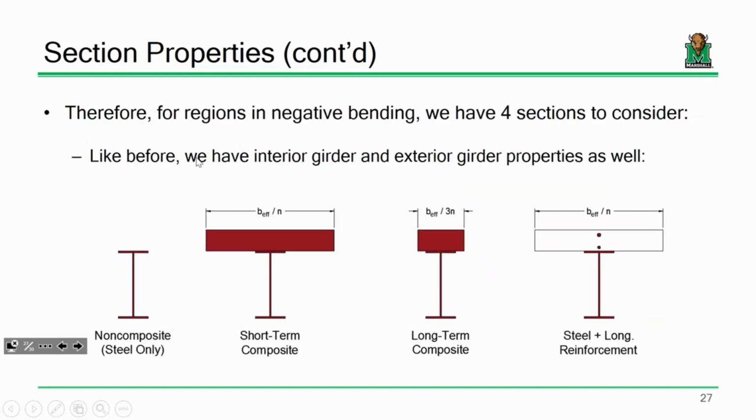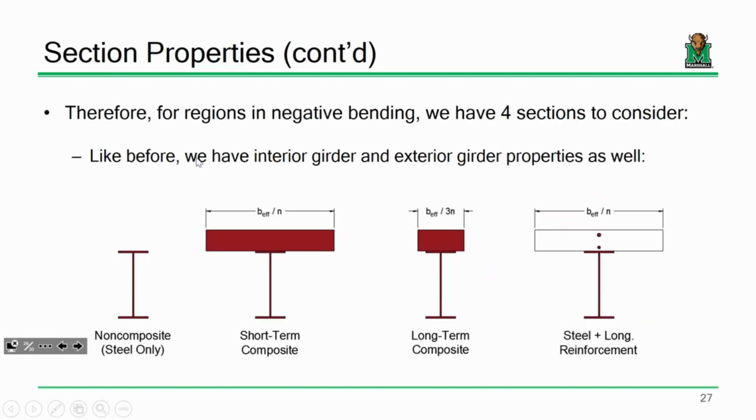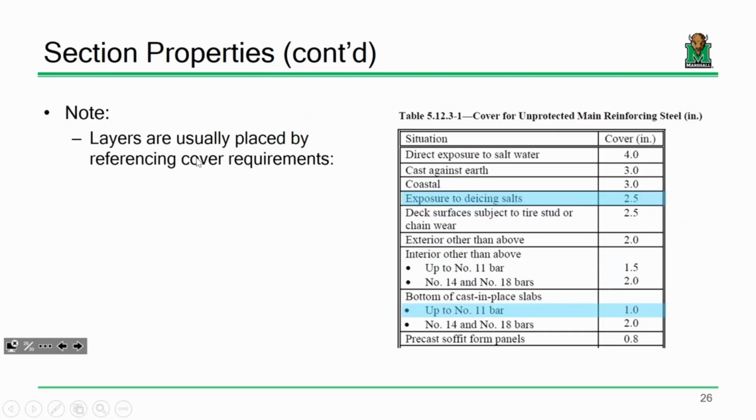So this larger top layer is 2.5 inches below the top. That's the cover requirement, and that'll give us our space, all right? For the bottom, up to number 11 bar, we go 1 inch up. So 2.5 inches down, 1 inch up. Sound good? We'll just assume it's all effectively lumped right there.